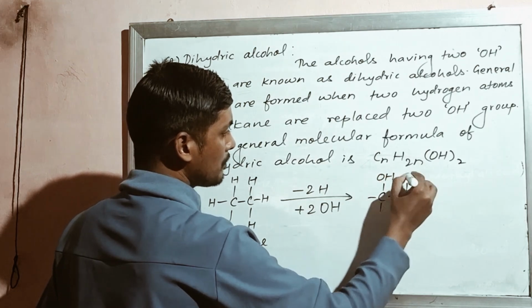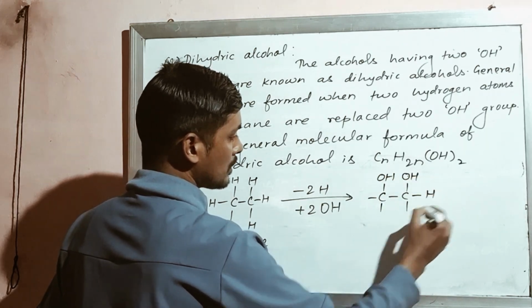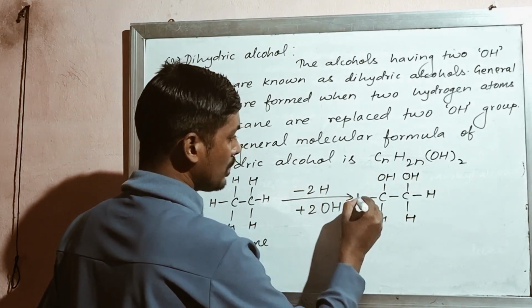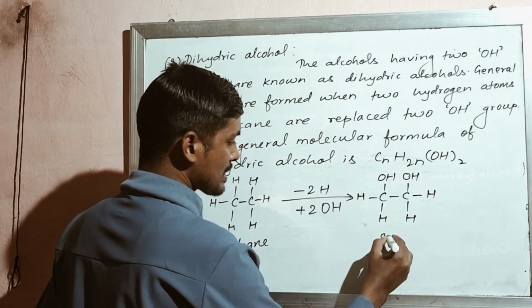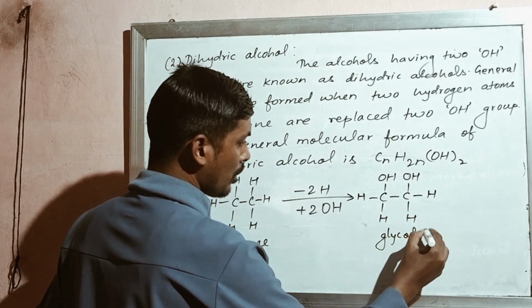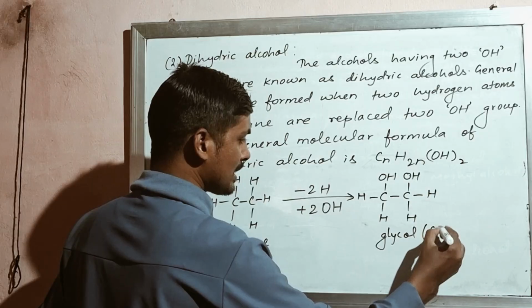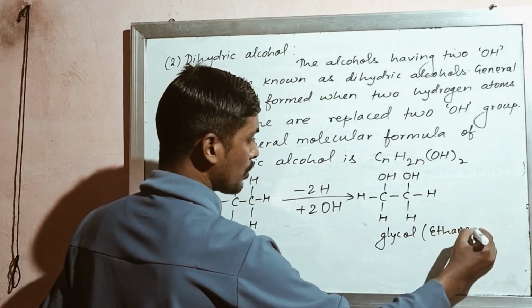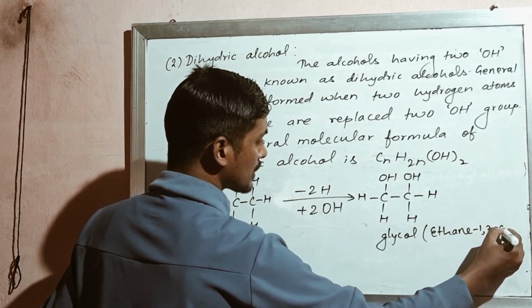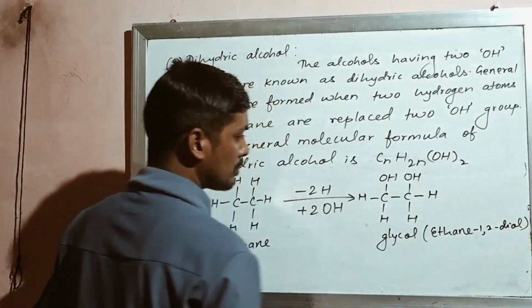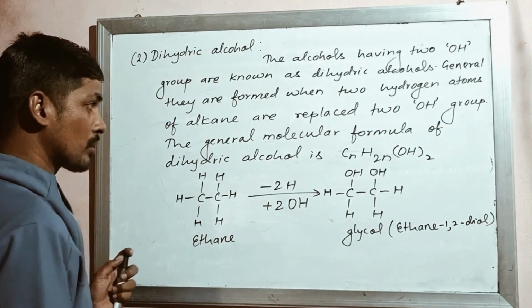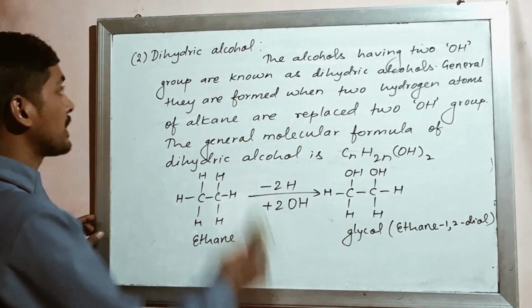We obtain a dihydric alcohol. Its name is glycol, or its IUPAC name is ethane-1,2-diol.